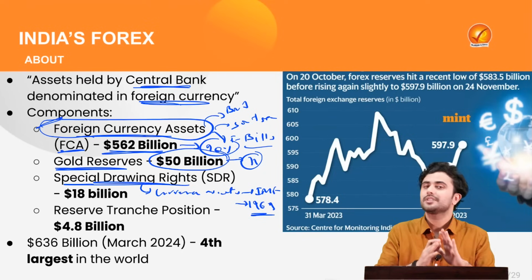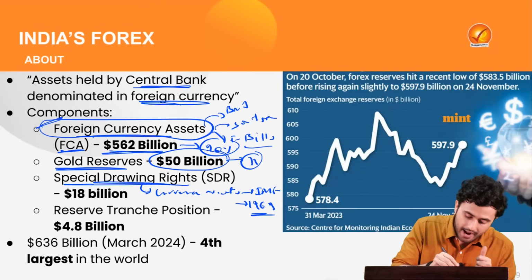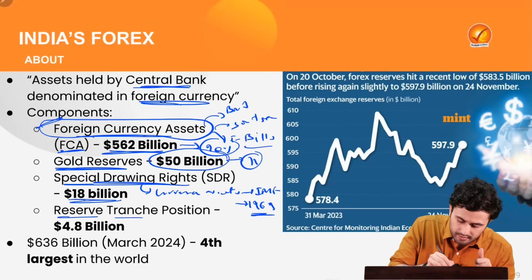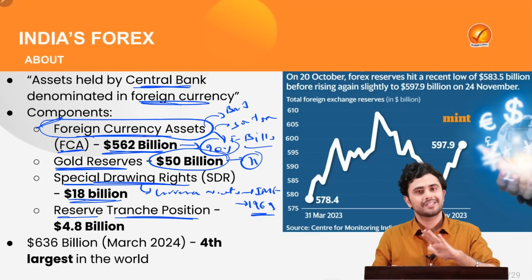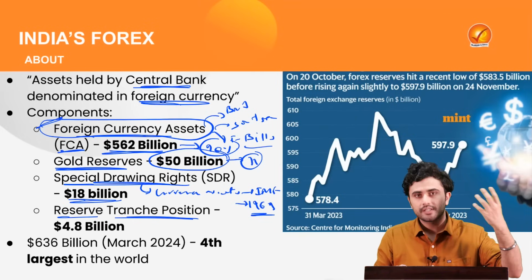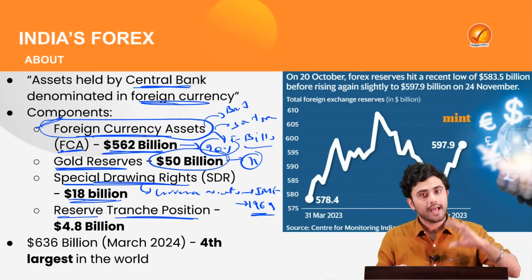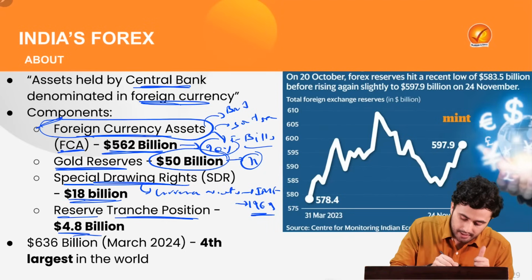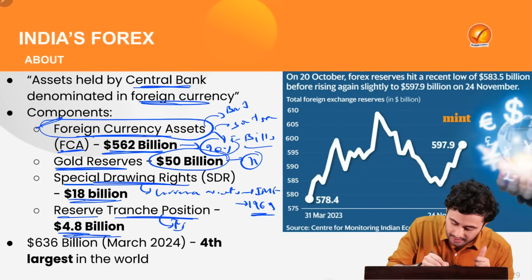Currently, this forms the third largest component at $18 billion. Then comes the reserve tranche position, which India basically keeps with the IMF as an emergency account, and we can utilize this in any emergency situation. This is currently $4.8 billion.